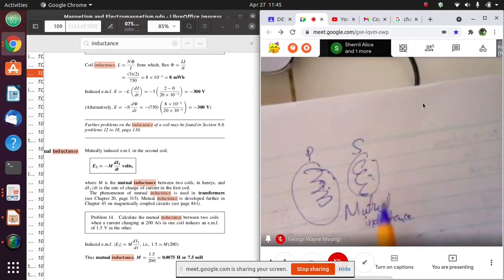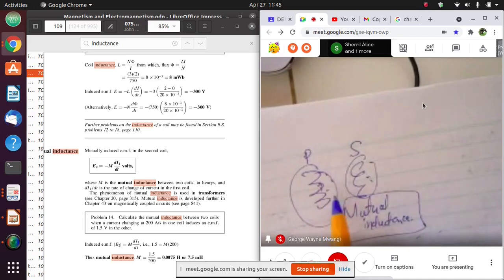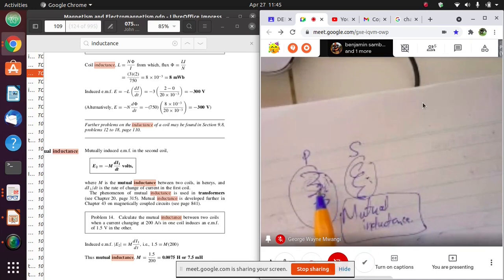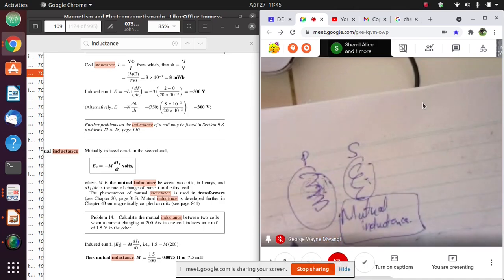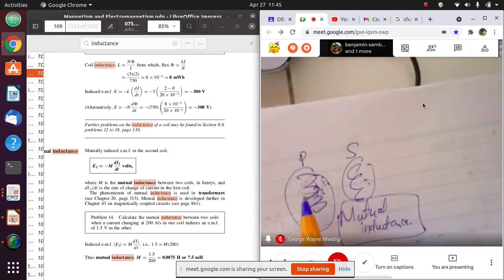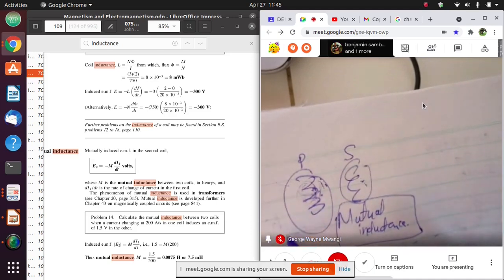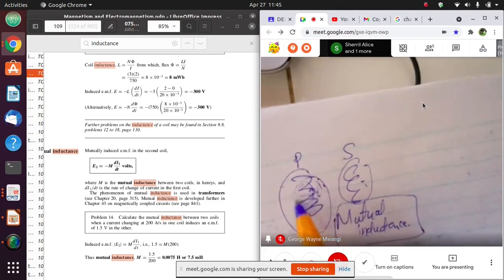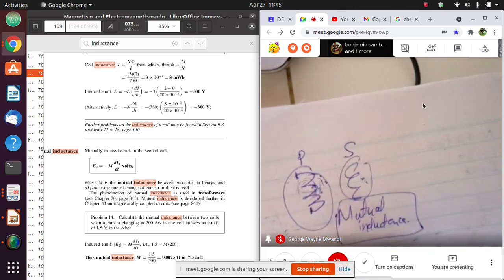Now, mutual inductance is where you have a current passing through this coil. That change in current in this primary coil will cause a change in magnetic field. Remember, when current flows through a conductor, a magnetic field is formed around that conductor. So when that current changes in value, then the magnetic field around that conductor will also change. So that change in the magnetic field will induce an EMF, a voltage, in the conductor. So you can calculate the voltage between the two ends of the coil.